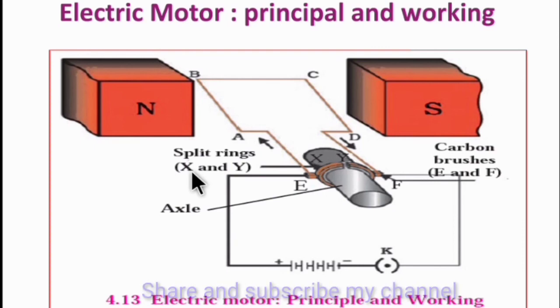Therefore, a force is exerted on the branch DC in the downward direction, here is the DC, and on the branch AB in the upward direction, and the loop continues to rotate in the anti-clockwise direction. Thus, the current in the loop is reversed after each half rotation, and the loop and the axle continue to rotate in the anti-clockwise direction.